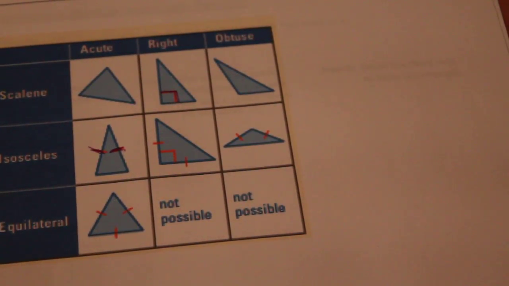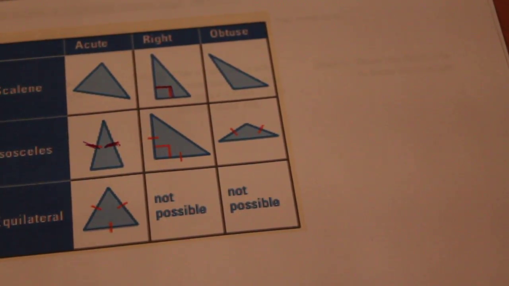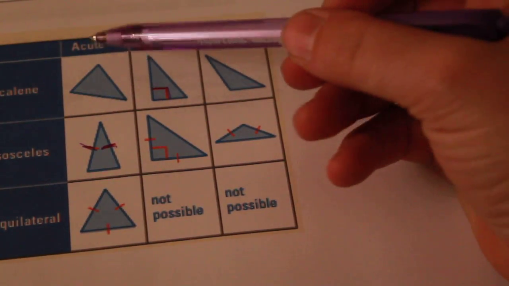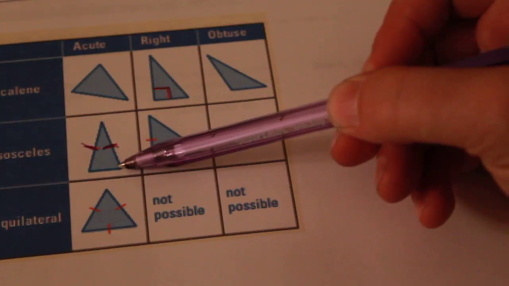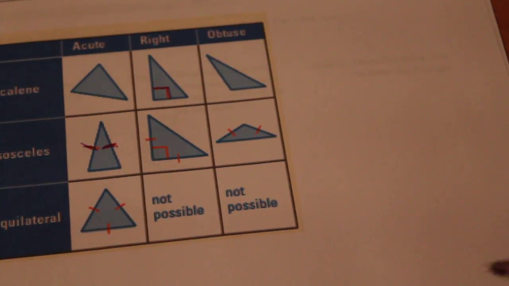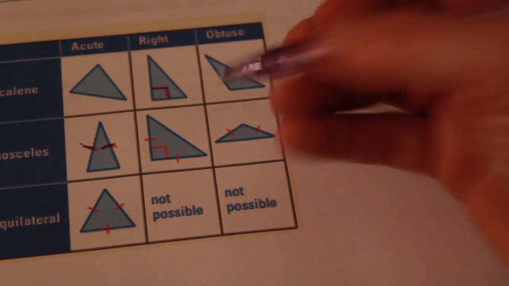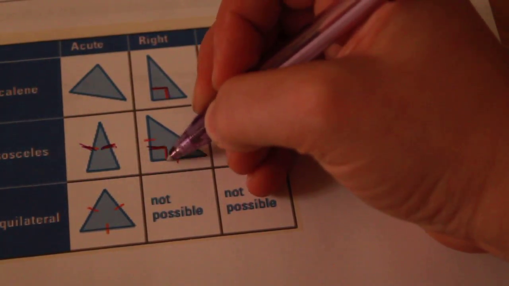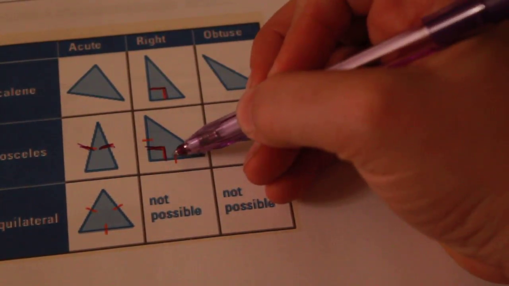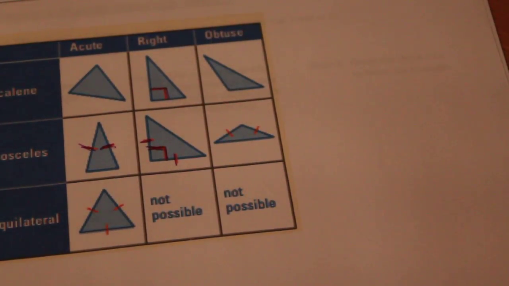If you can't see them very well or they didn't show up very well on your copy, please just draw over them like I did, either with your highlighter or your pencil. So an acute isosceles, all of these angles are less than 90 degrees, and these two sides are the same length. A right isosceles, you have a box in the corner signifying that it is a right triangle, and two sides that are the same length.